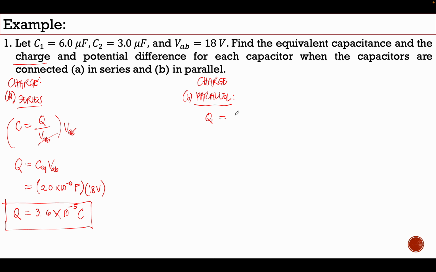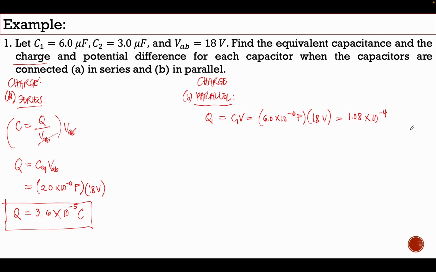So Q1 is equal to C1 times V, which is equal to, we have C1 is 6 times 10 to the power of negative 6 farad times V is 18 volts. So Q1 is equal to, okay, let's calculate, 6 times 10 to the power of negative 6 times 18 is equal to 1.08 times 10 to the power of negative 4.